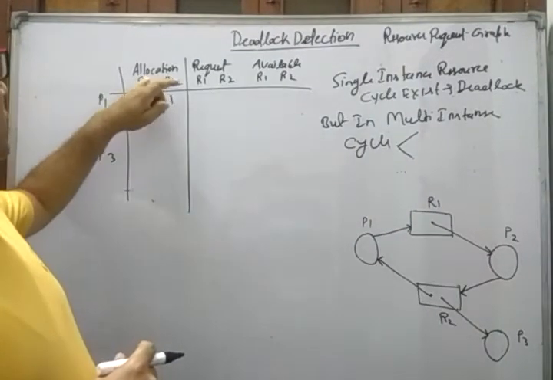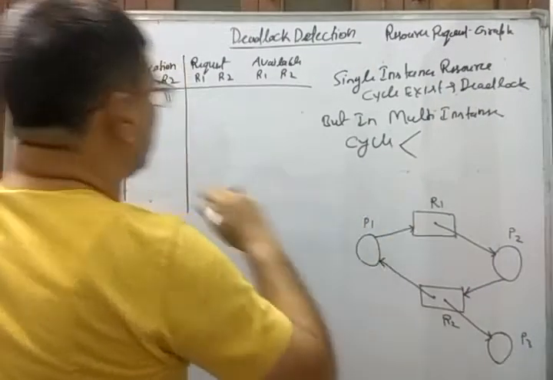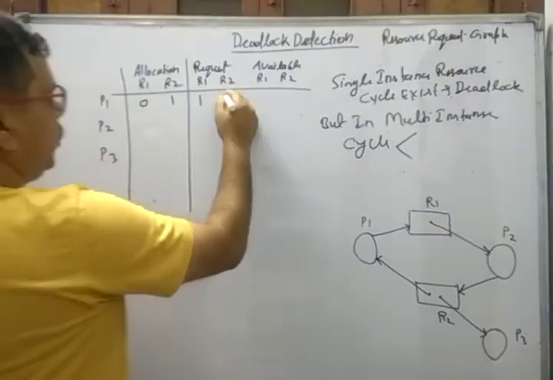Then allocation of R1, R2 is 0, 1. And process P1 is requesting R1, not requesting R2.